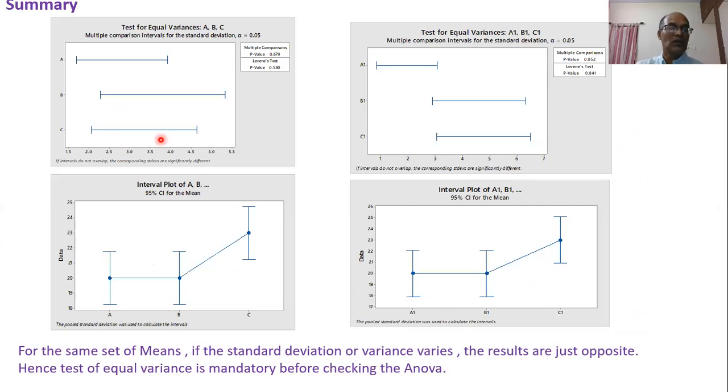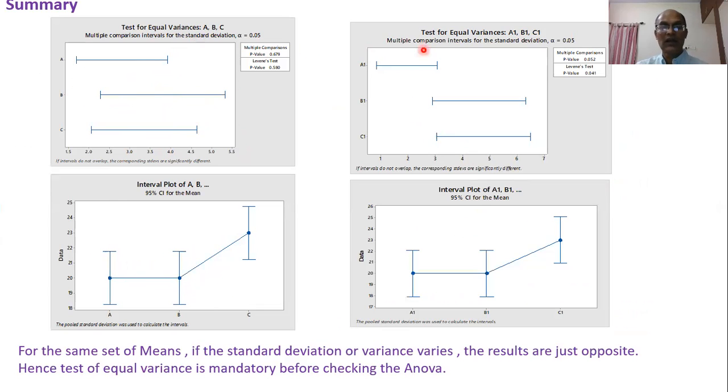Now to summarize the total study, you can say that in this case, the test of equal variance was more or less equal. In this case, the Anova study said, or we have seen, that the mean value is significantly different for these two categories of seeds.